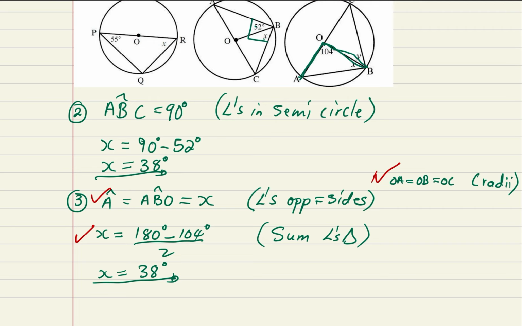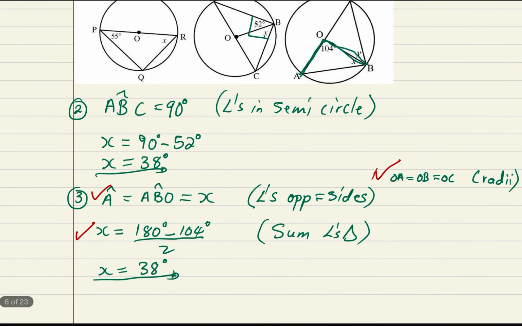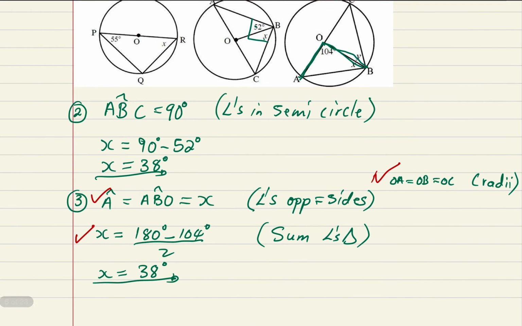I've found x, but is that all? No, we still have y here. So how can I find y? I'm going to say angle ABC is equal to 90 degrees, because these are angles in a semicircle.